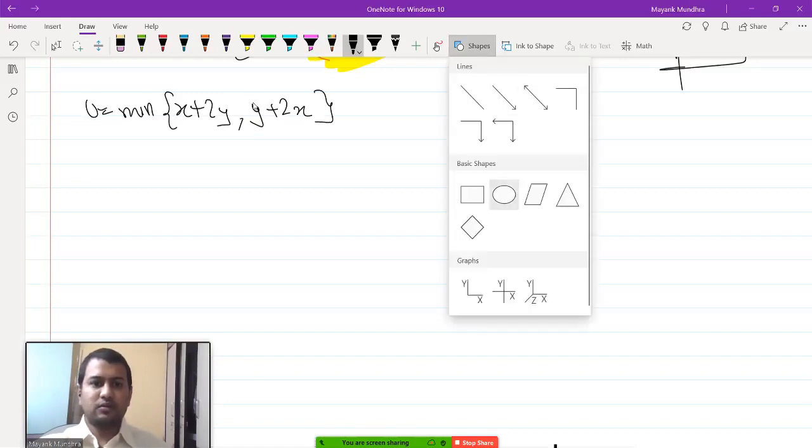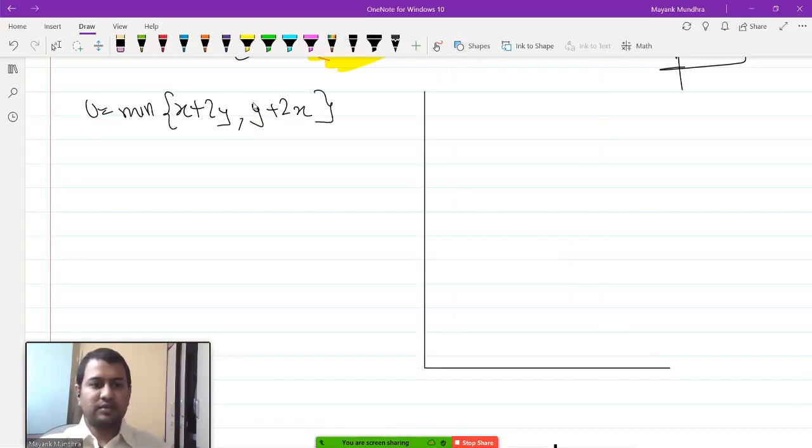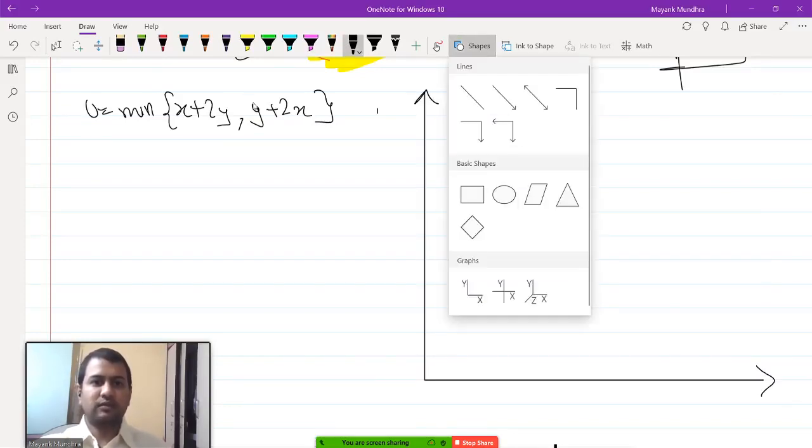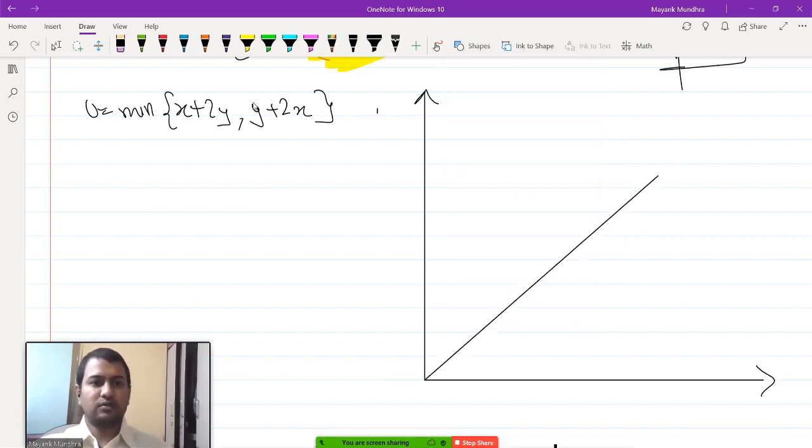Okay, so we have done the indifference curve part countless times, so I'm not going to do that again. I'm just simply going to draw the indifference curves now. So this is your line X equals Y. Here you will have indifference curves looking like this.